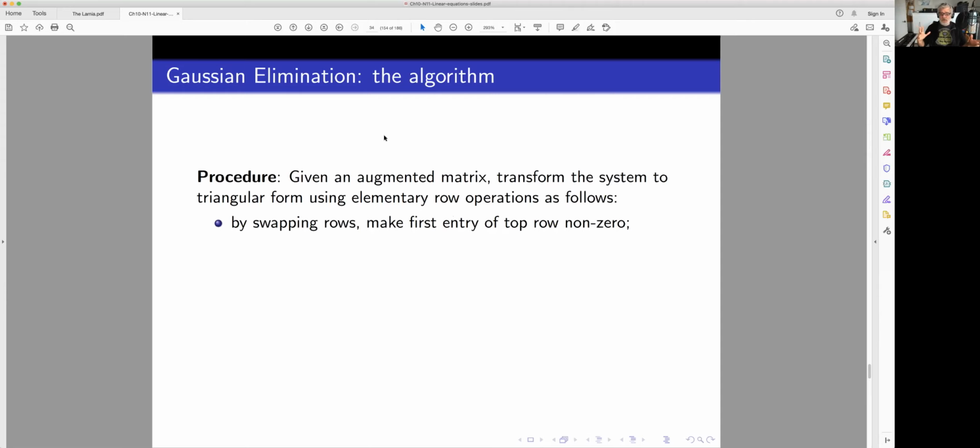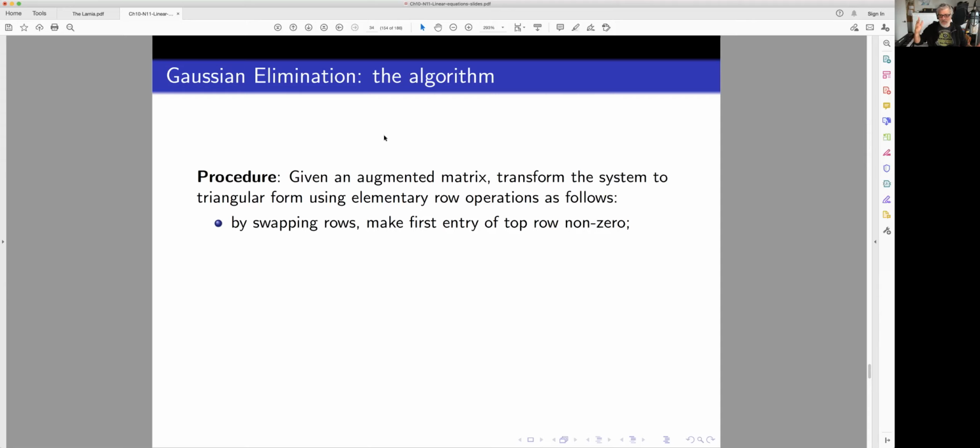And there's a recursive part, okay? So let's start at the beginning. What you want first is to have the top left entry of your matrix be non-zero. So how do you do that? You exchange rows until you have that, okay? Think about it, there has to be at least one non-zero entry in that first column.